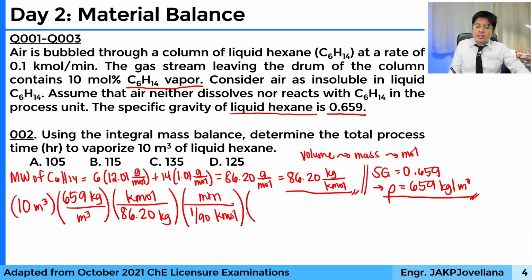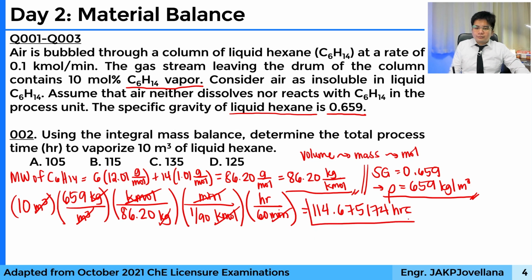And the last step is to convert minutes into hours. Hours over 60 minutes. So cancel meter cube, cancel kilograms, cancel kilomoles, cancel minutes. So we can now calculate the total process time. And this is equal to around 114.67 hours. So from the choices, it is letter B.